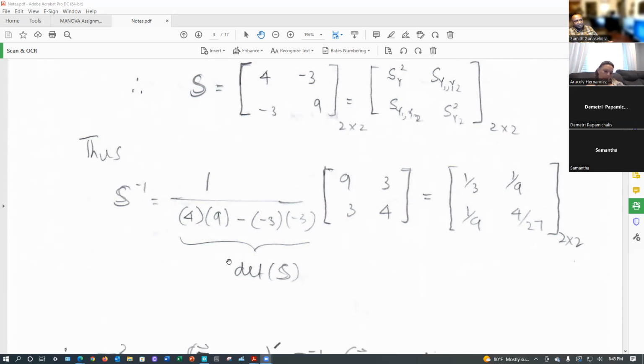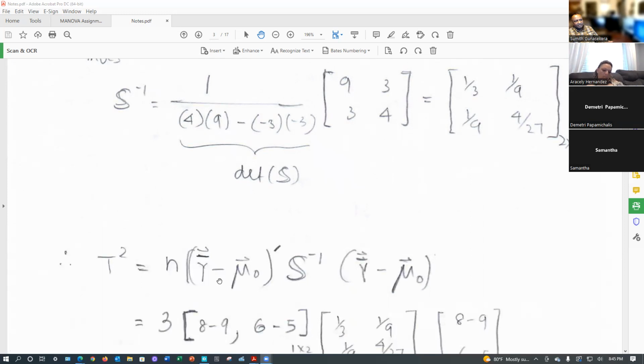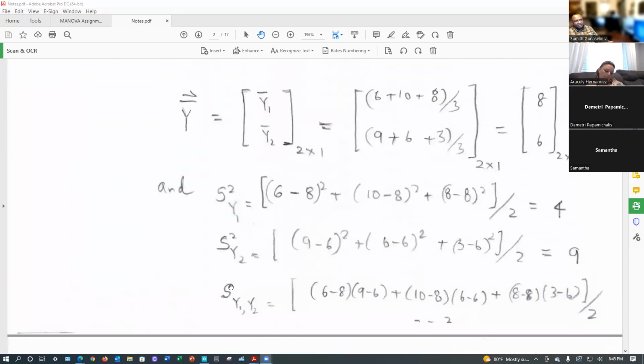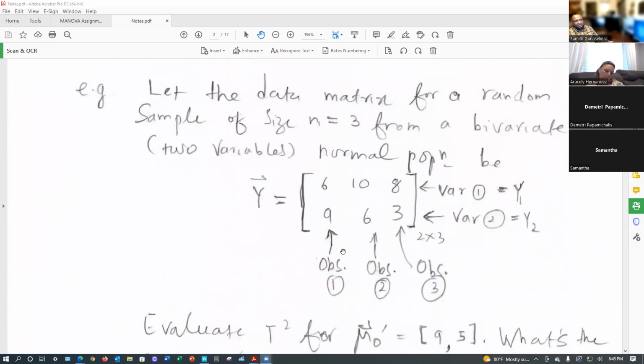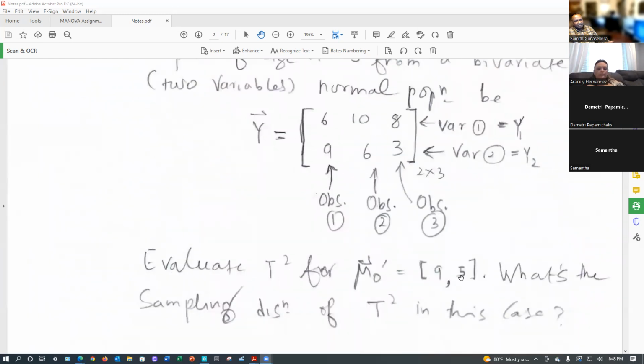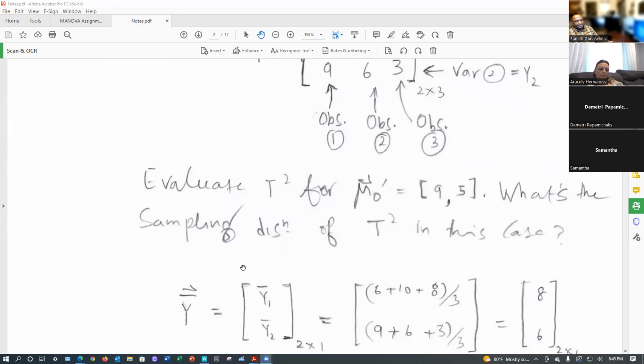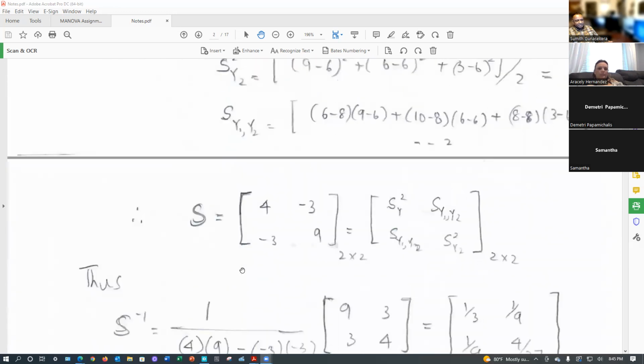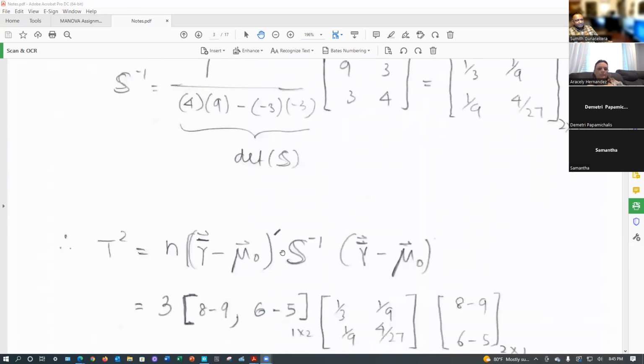We really need the inverse. Can you remember? Then we're going to plug it in here. When you get the y bar minus mu naught, mu naught has been given: 9 and 5. You subtract, and at the same time you get the transpose.